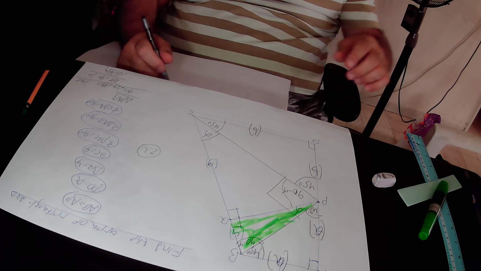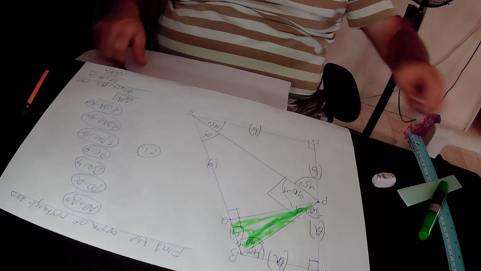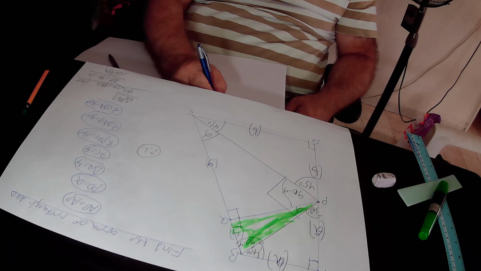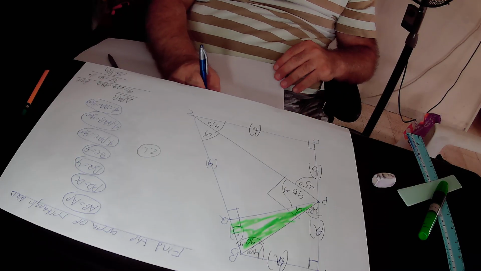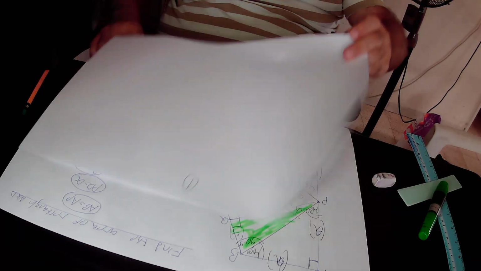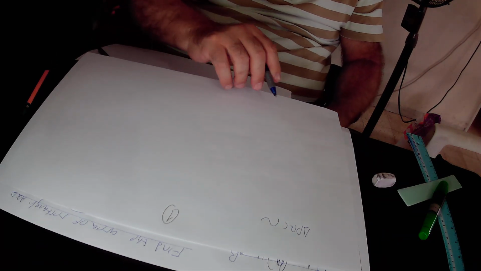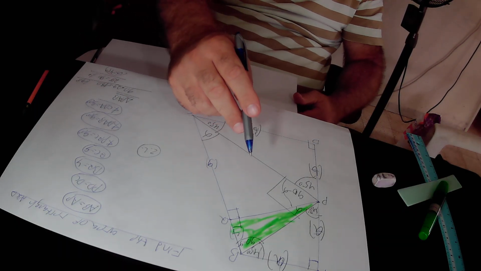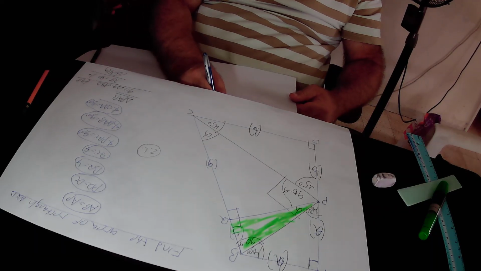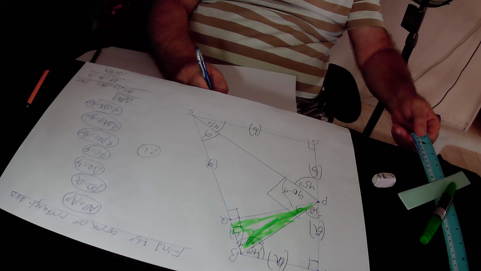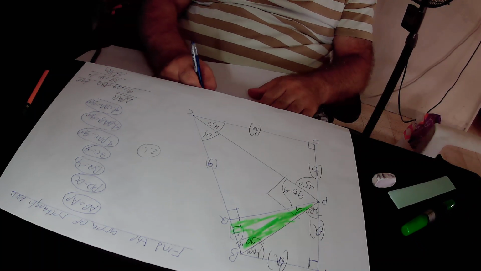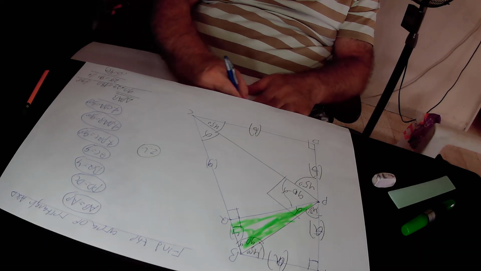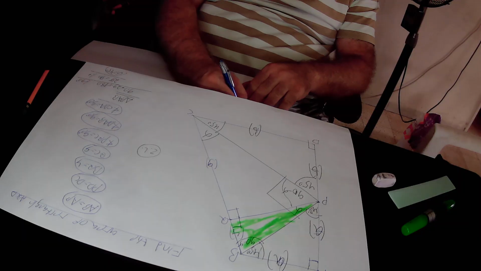We actually found out that the big right triangle PQC is similar, this is the sign of similar, to the small green right triangle PBQ according to the angle similarity rule.